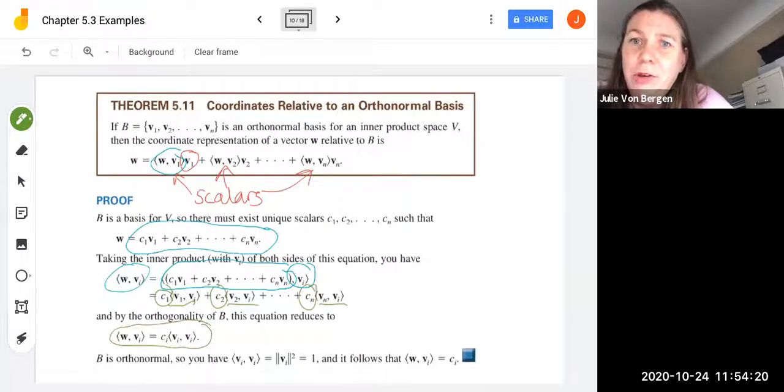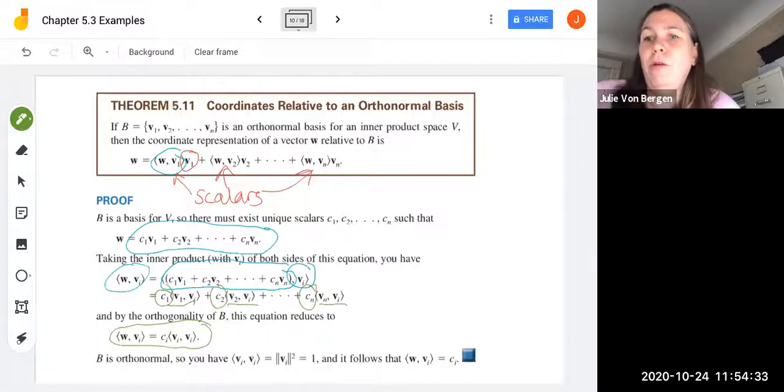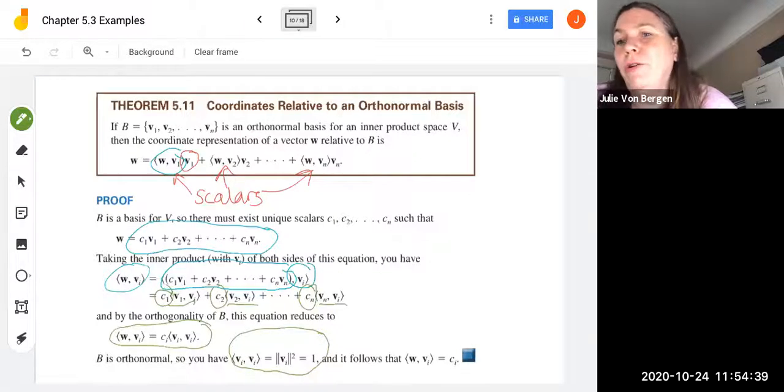So on the left side, W inner product with Vi is just going to equal the scalar Ci multiplied by the inner product of Vi with Vi. And B is orthonormal, so we know the inner product of Vi with Vi is just the norm squared of Vi, and that's just 1 squared, or 1.